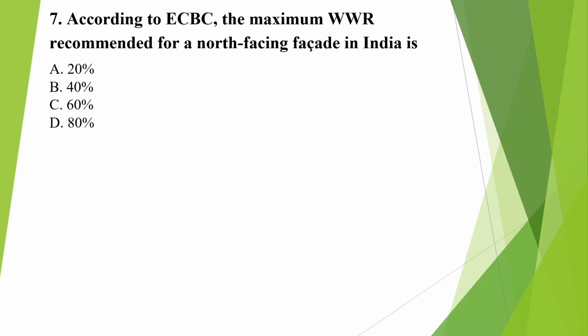It is talking about the north facing facade. So see the question carefully. It's not asking about the east-west facade or the south facade, it is just asking about the north facade.